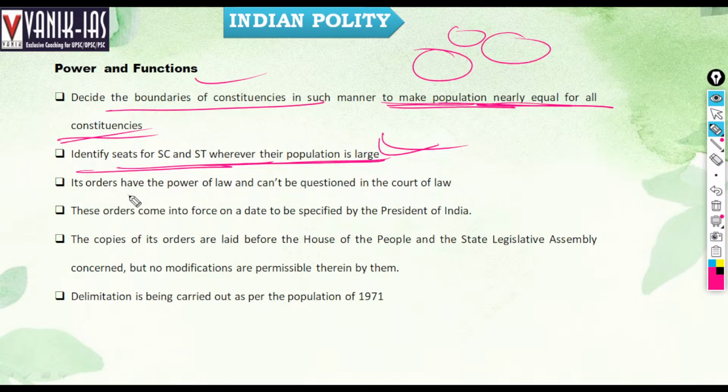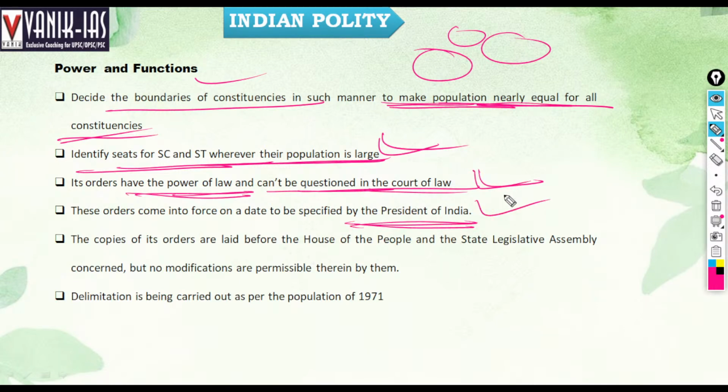Its orders have the power of law and cannot be questioned by a court of law. Courts are barred from interfering in it. Then these orders come into force on a date to be specified by the President of India. Whenever the delimitation steps and directions will be implemented will be specified by the President of India.